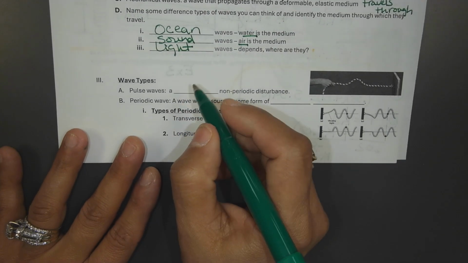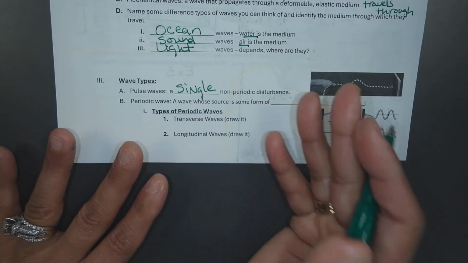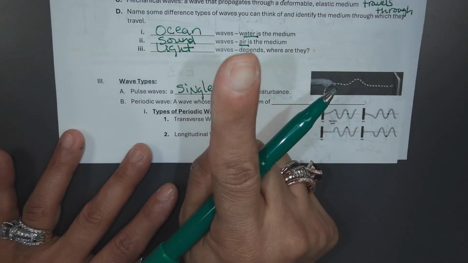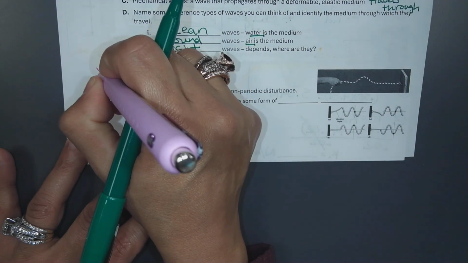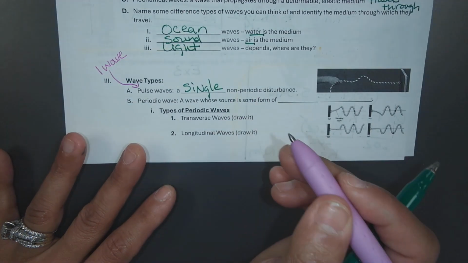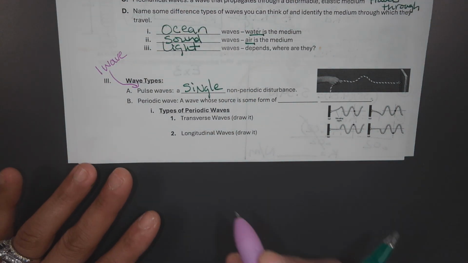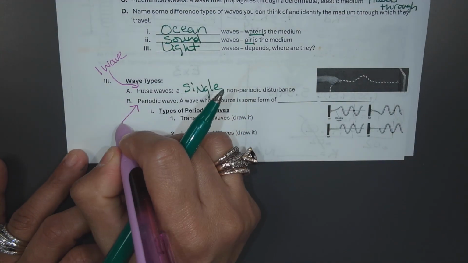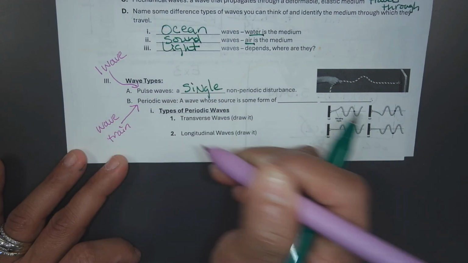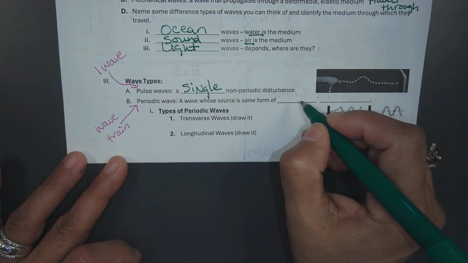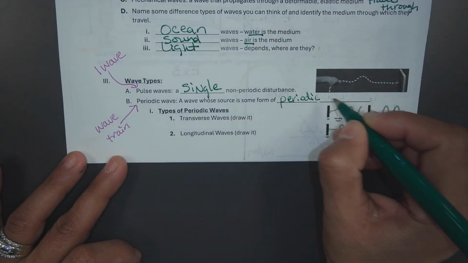Wave types. Now, a wave can be a pulse, which is what we call a single individual wave. One wave. A pulse is one wave. That's it. If it's a periodic wave, we also call that a wave train, where it comes from some type of periodic motion.